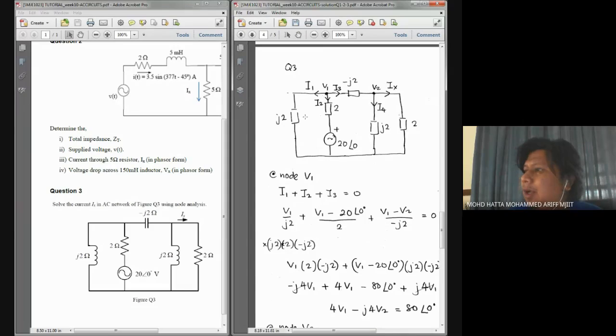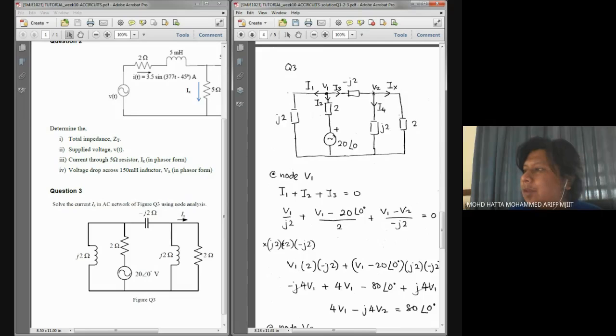So I am assuming that the current I1 flows from node V1 into my ground, I2 flows out from node V2, and I3 flows from V1 to V2.